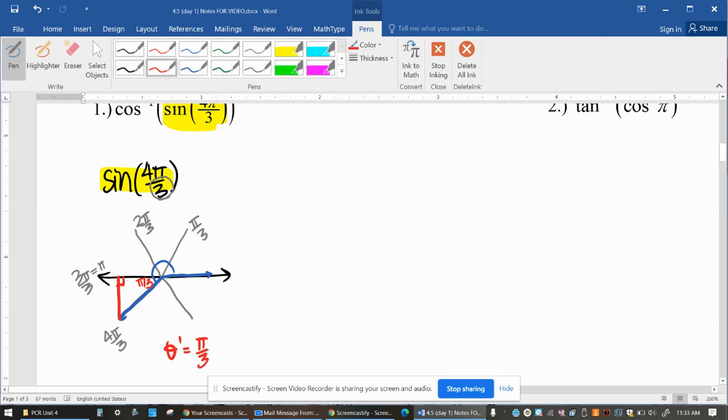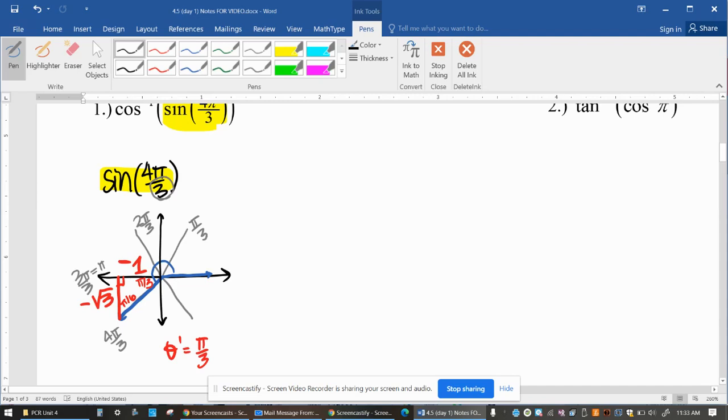That's 60 degrees. Across from the 60-degree angle is root 3, but in this case it's going to be negative because you went down. Then this would mean that this is 30 degrees, and across from 30 is a 1, but again you went left from the origin. So imagine the origin, right? The y-axis would be right here.